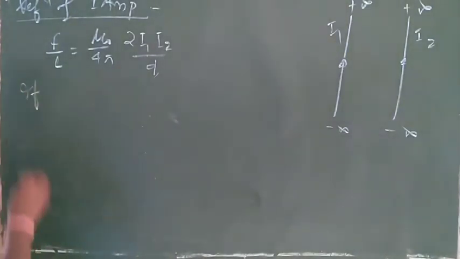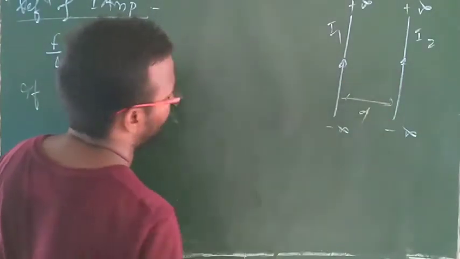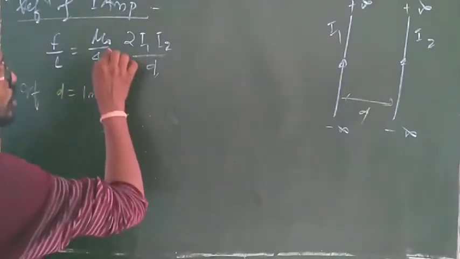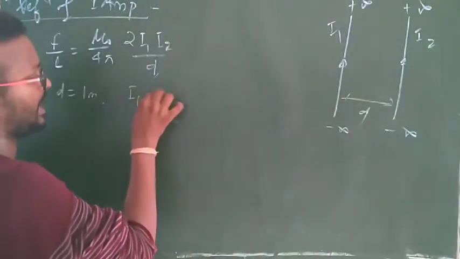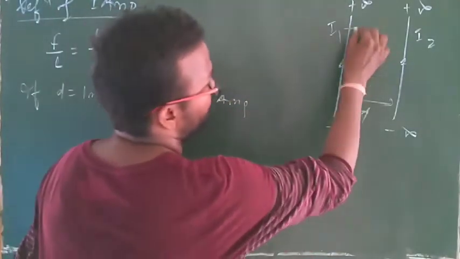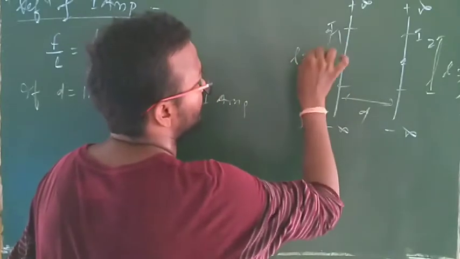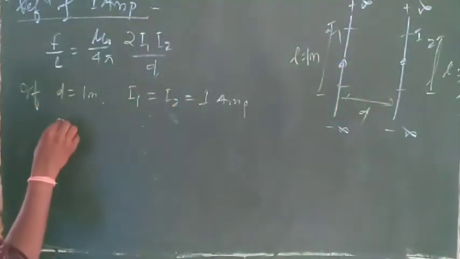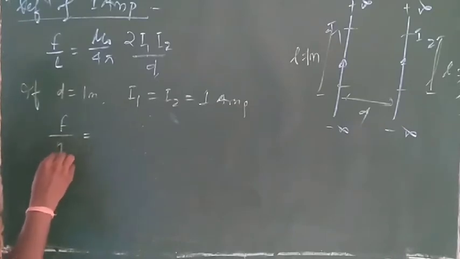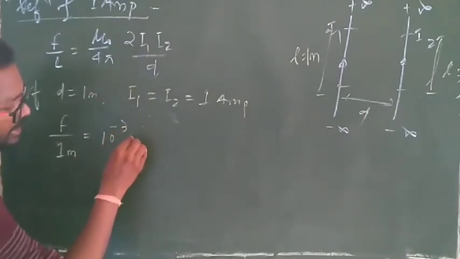If the distance d between two parallel conductors is 1 meter and the current flowing through either of them is I1 equal to I2 equal to 1 ampere, and we choose a length L equal to 1 meter, then F by L is equal to mu naught by 4 pi times 2 I1 I2 by d. We know mu naught by 4 pi is equal to 10 to the power minus 7.